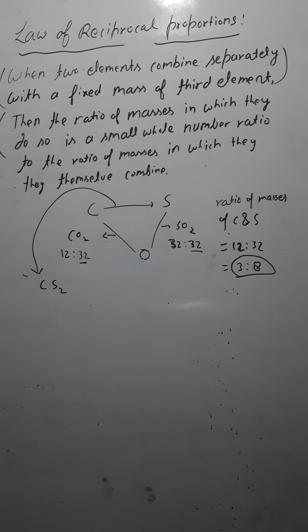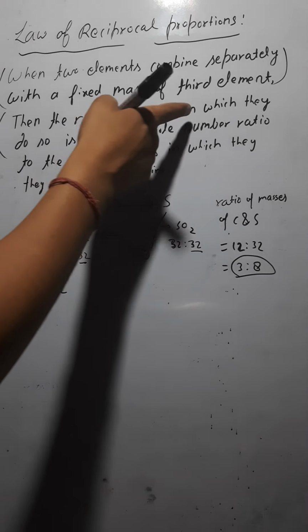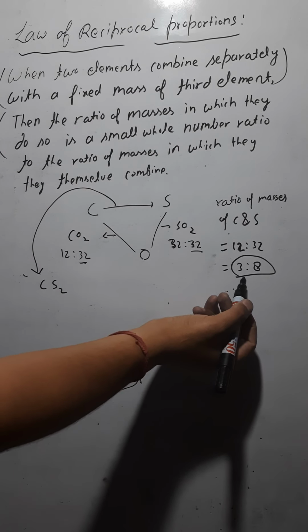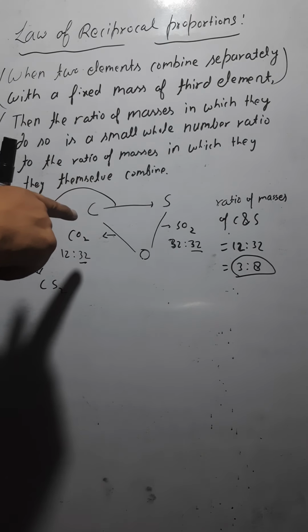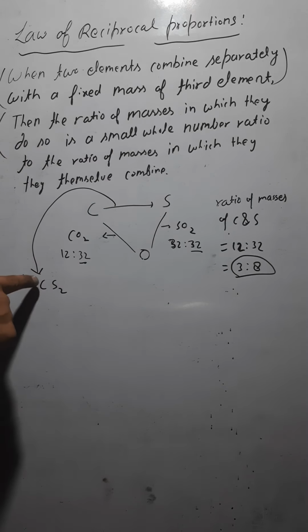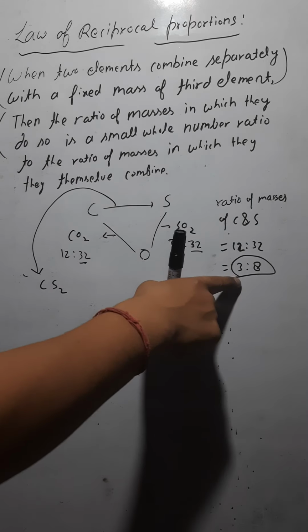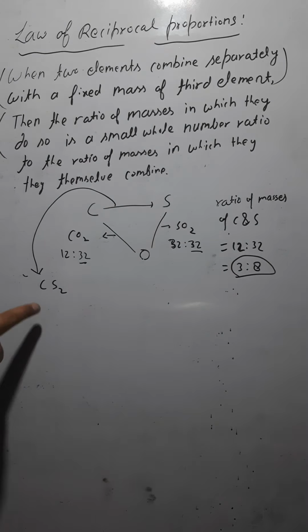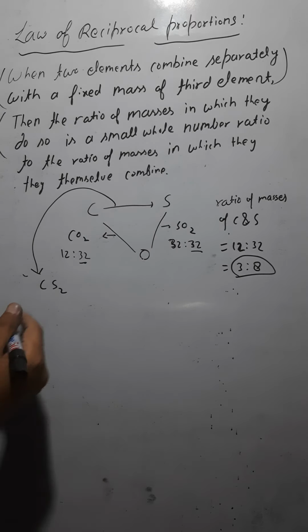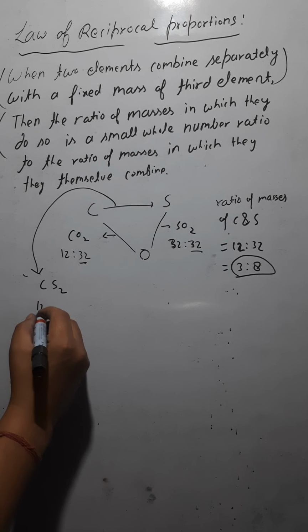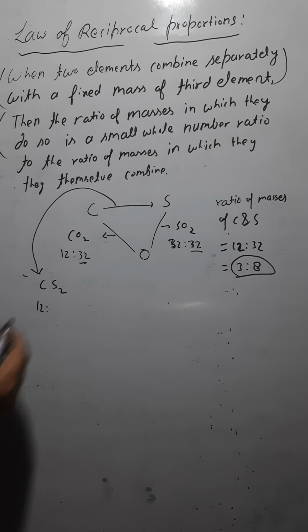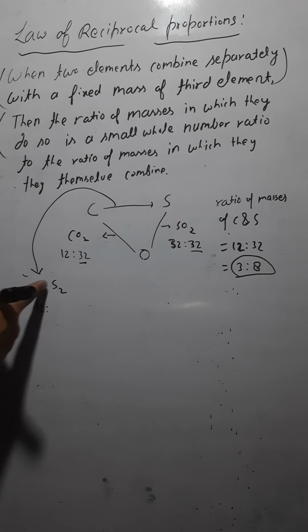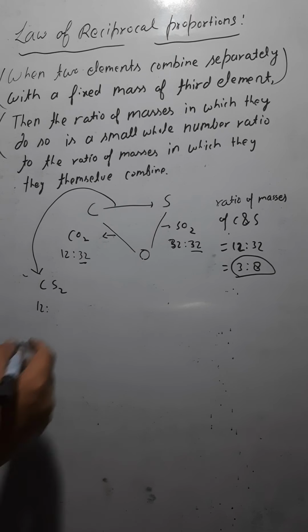Let's go to the sentence again. Then the ratio of masses in which they do so is a whole number ratio to the ratio of masses in which they themselves combine. Means this one ratio would be in whole number to the ratio of masses of these two. Are you getting this? So let's find out their ratio. Carbon mass is 12, and sulfur is 32 twos are 64.